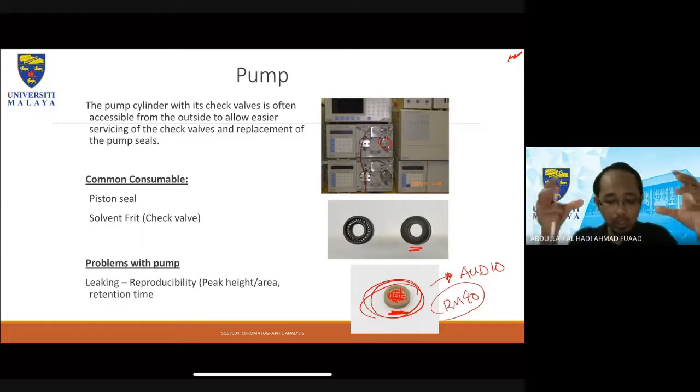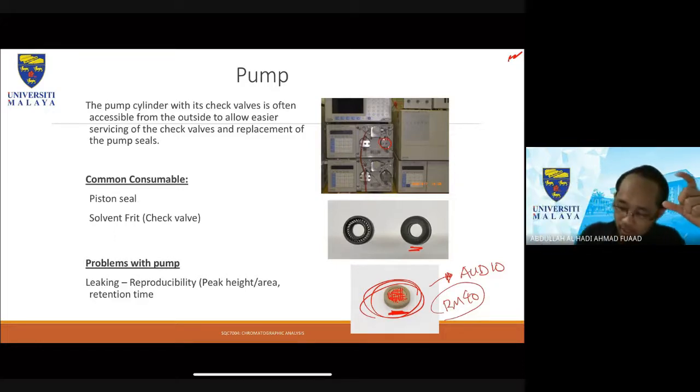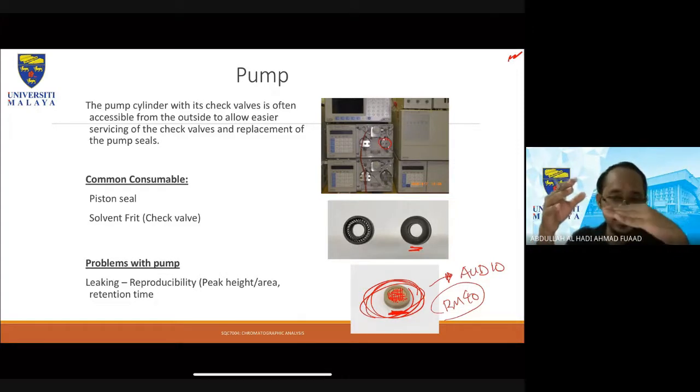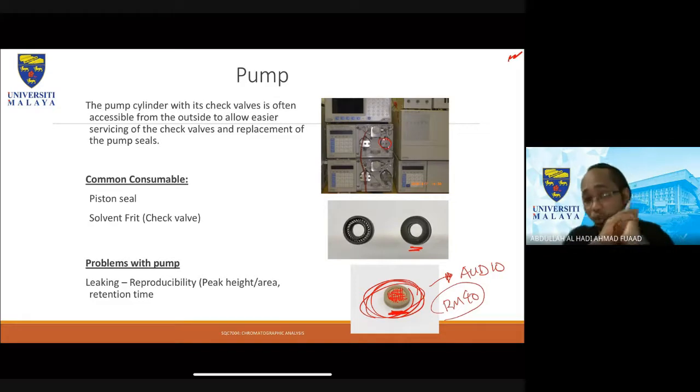Okay, so if you need to replace a column in comparison to just replacing this one frit, then of course replacing the frit is cheaper. Therefore, throughout your system, normally you have multiple frits or filters that filter out whatever solid particles are present in your system. Okay. So common consumables, you have your piston seal, you have your solvent frit or check valve.